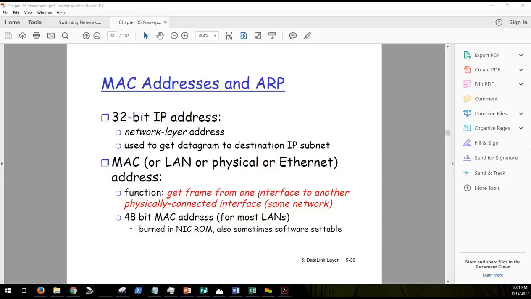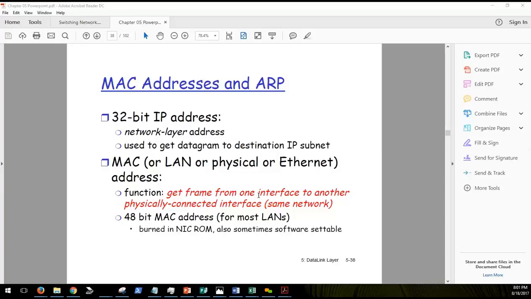Some even call it a burned-in address. But the MAC address is 48 bits long, and it is used for getting a frame of information from one interface in a subnetwork to another interface, in other words, from the interface on the router to the interface on a node such as a workstation.